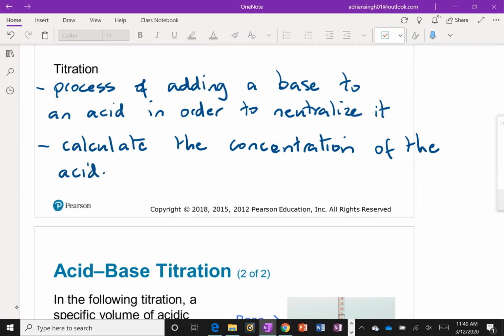Right, and that's really how it's so powerful. We're just using a normal chemical reaction, a neutralization reaction, and the fact that acids and bases neutralize each other. We can make some careful measurements, and we can then calculate the concentration of either the acid or the base if we know the concentration of the other one.